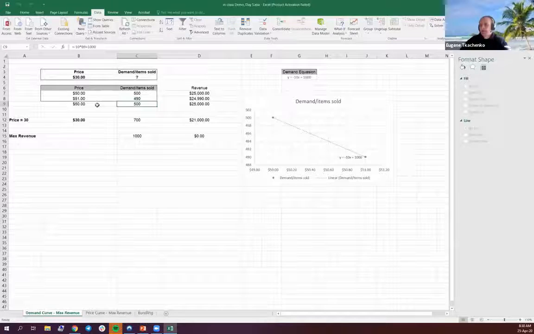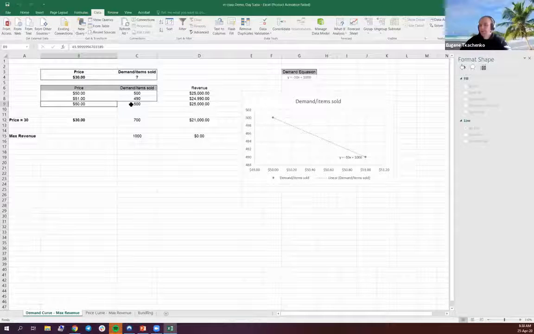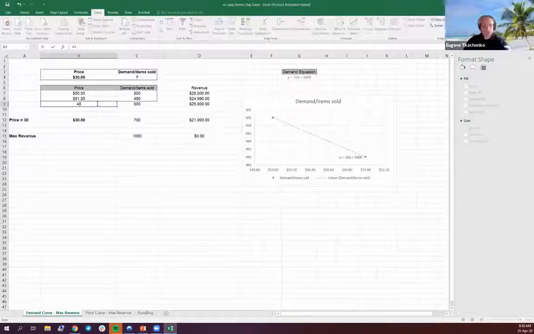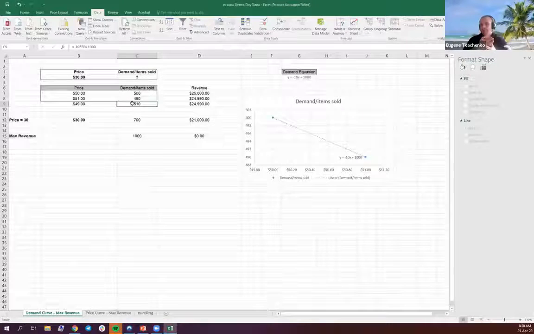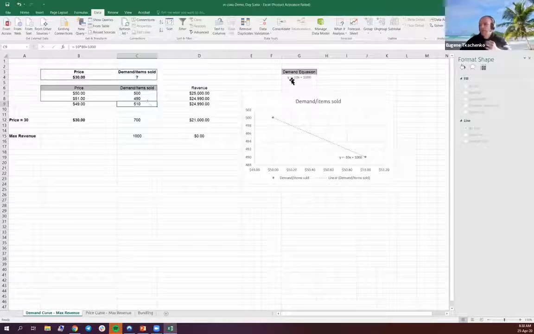If we continue with the price point of $50, it would be the same demand as we're seeing here. But if, let's say, we change it to 49, you see it automatically changes the assumption.